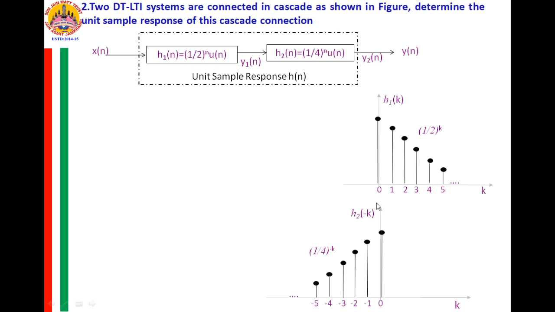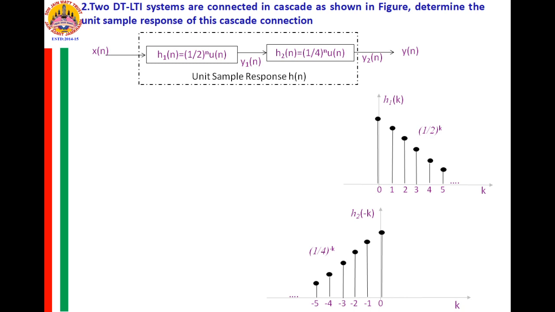Now for n greater than or equal to 0, we go on shifting h2(minus k) towards the right side. Every time you shift to the right, you observe that h1(k) and h2(n minus k) overlap from 0 to the value of n by which h2 has been shifted to the right.